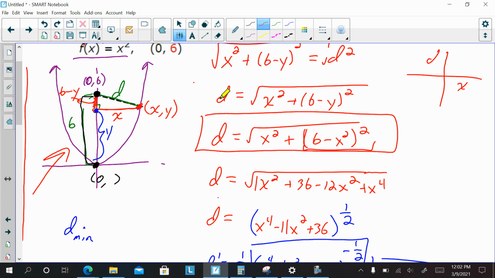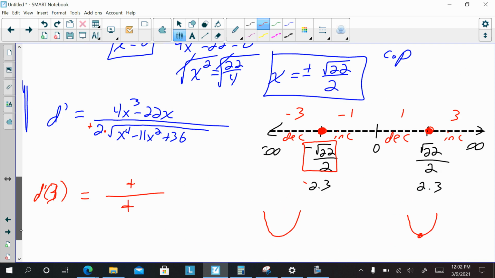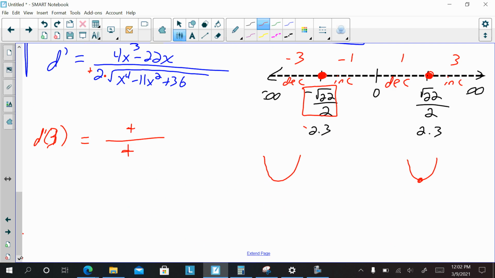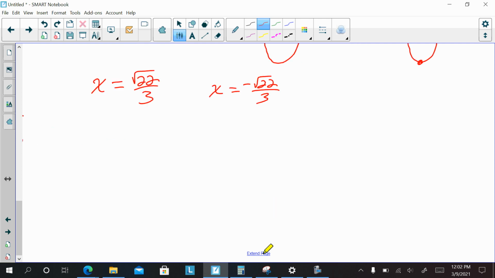So we're looking at when the distance is as small as possible. So we minimize this function, and we found out that the distance is as small as possible when x is the square root of 22 over 3 and when x is negative the square root of 22 over 3. That's where our minimums occur.